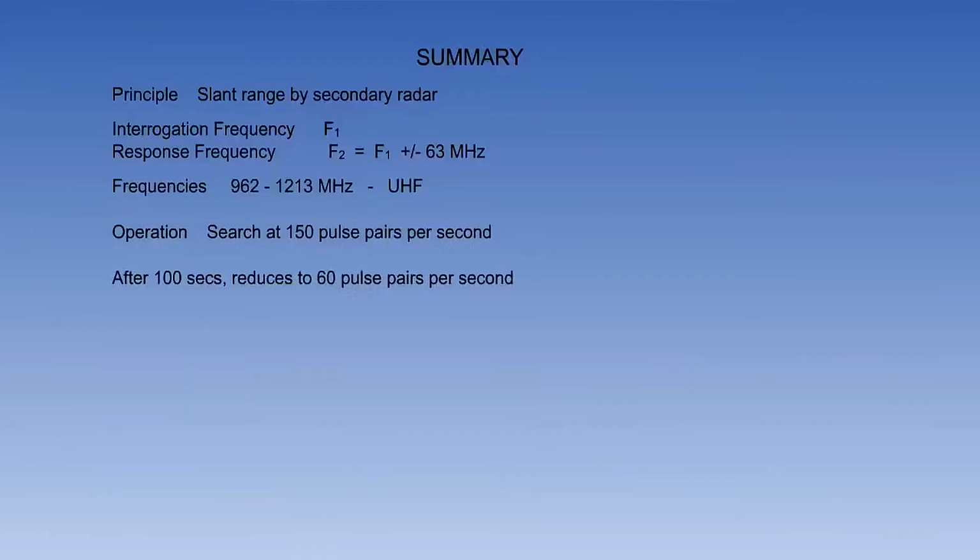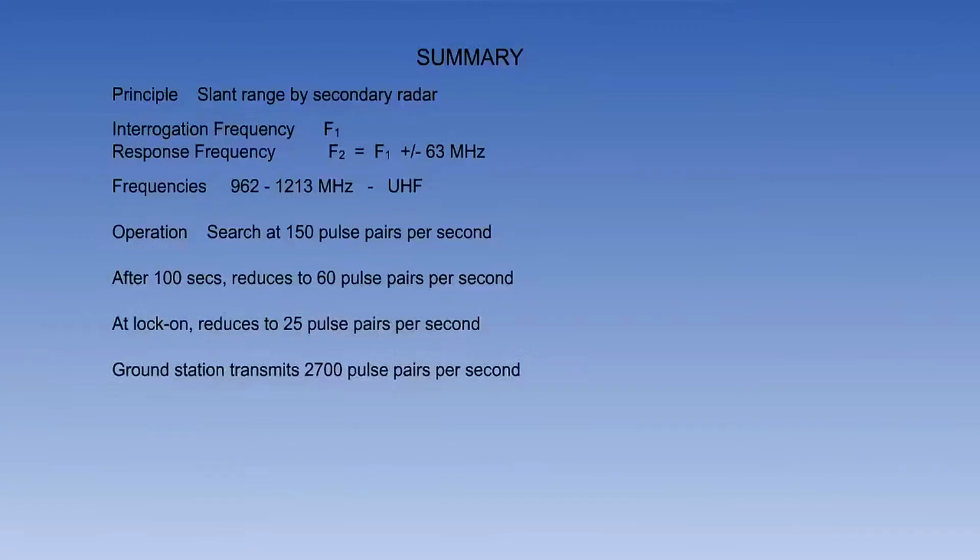If, after 100 seconds, lock-on is not achieved, the search reduces to 60 pulse pairs per second until lock is achieved or a new channel is selected. At lock-on, the rate reduces to 25 pulse pairs per second. The ground station transmits 2,700 pulse pairs per second.